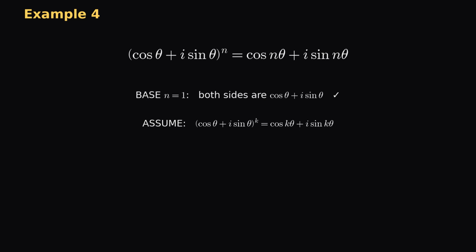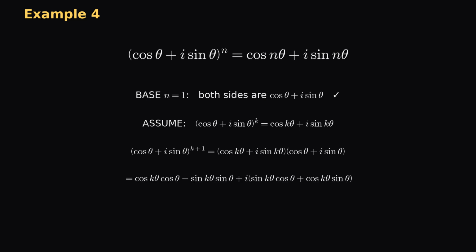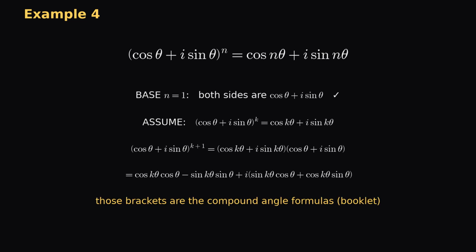The step. (cos θ + i sin θ)^(k+1) is the kth power times one more factor. By the assumption that is (cos kθ + i sin kθ)(cos θ + i sin θ). Expand it. You get cos kθ cos θ − sin kθ sin θ + i(sin kθ cos θ + cos kθ sin θ).